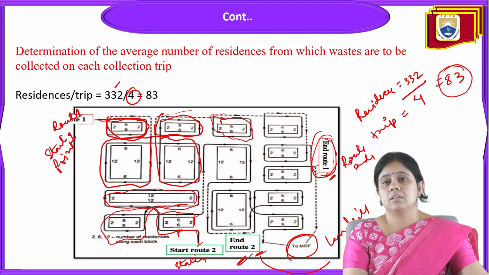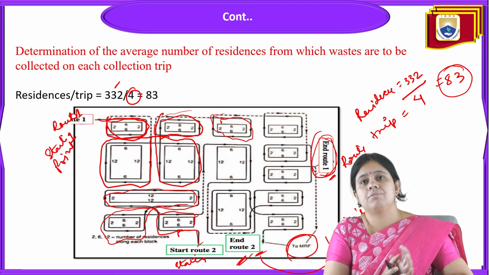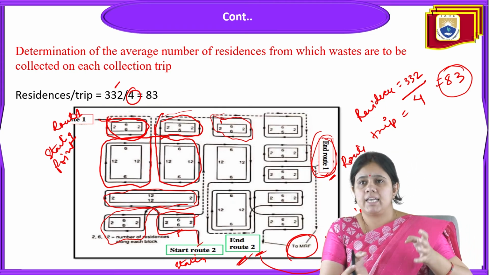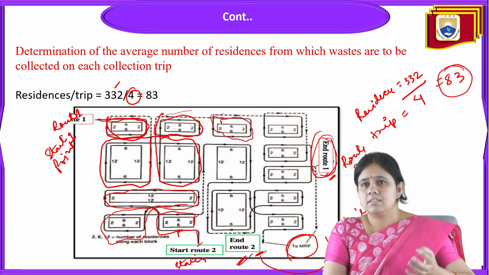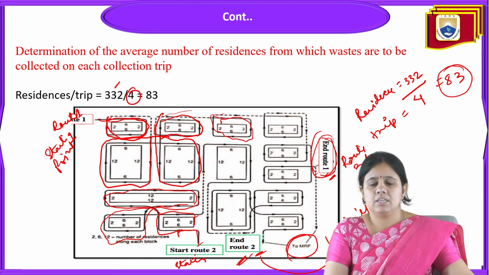So the waste is taken to the MRF location very nearby. By this you can develop the layout for a city or for an apartment, showing how to do the collection of solid waste, avoid nuisance, and cover more and more pickup points in a single trip.